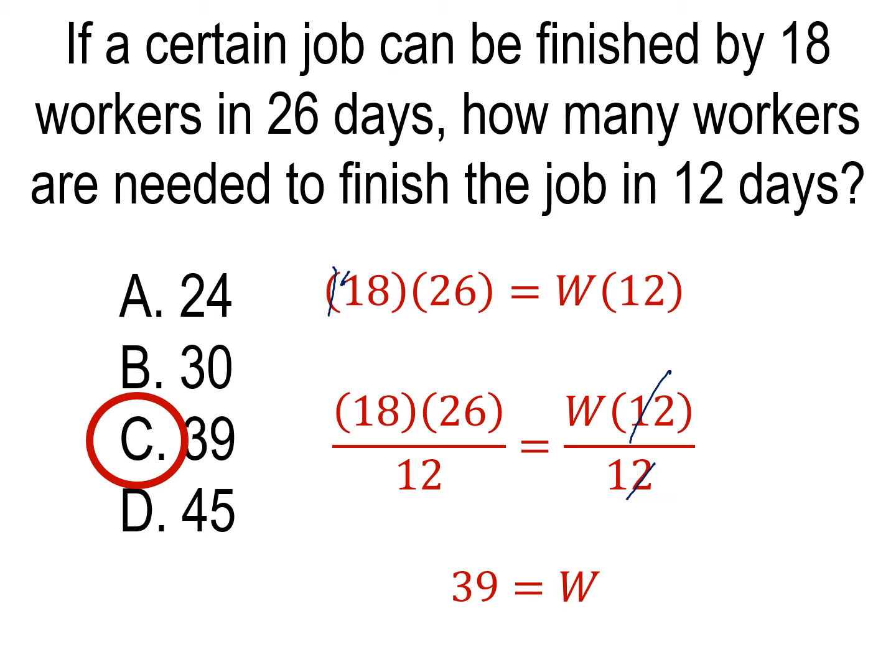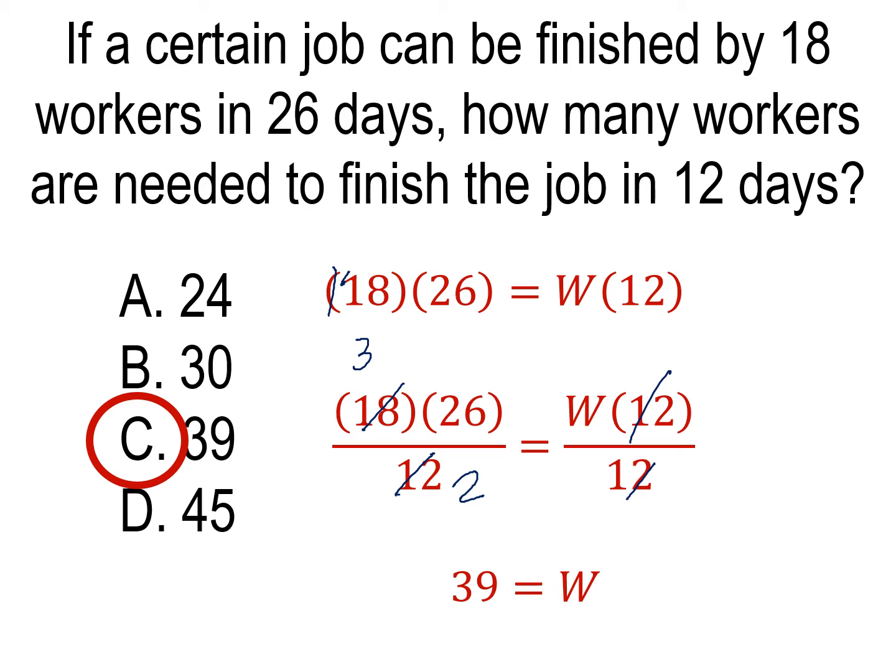Now, one way is to simplify first before you multiply. For example, 18 and 12 are both divisible by 6. So, 12 divided by 6 is 2. 18 divided by 6 is 3.